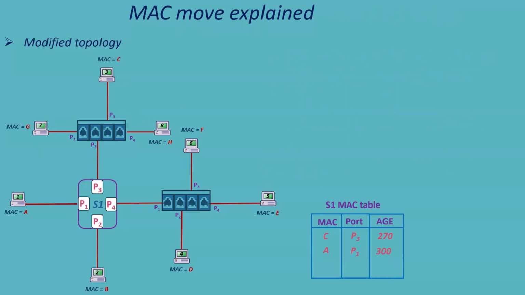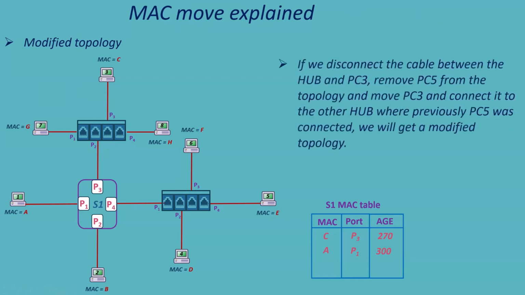Good. Now, I'm just going to use the same concept of MAC move here. With these entries being here, what happens? Now, if I disconnect the cable from here and move it back here, what am I doing? Disconnecting the cable between the hub and PC3, removing PC5, and moving PC3 to here.